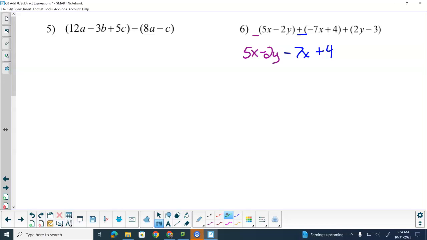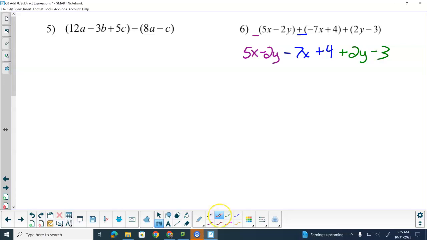Positive 2 times positive 1 is positive 2 times y is 2y minus 3. That's the nice thing, and this only works with a plus sign. If there is just a plus sign in front of your parentheses, you just rewrite what's inside the parentheses. You don't have to write the parentheses. Okay?